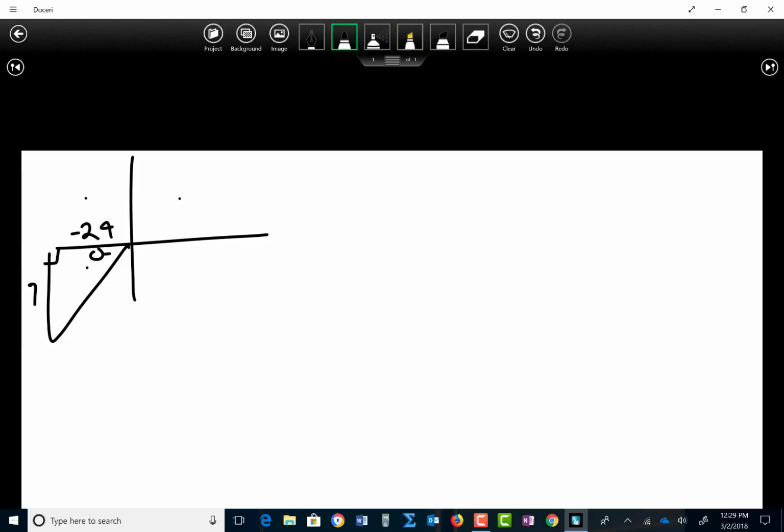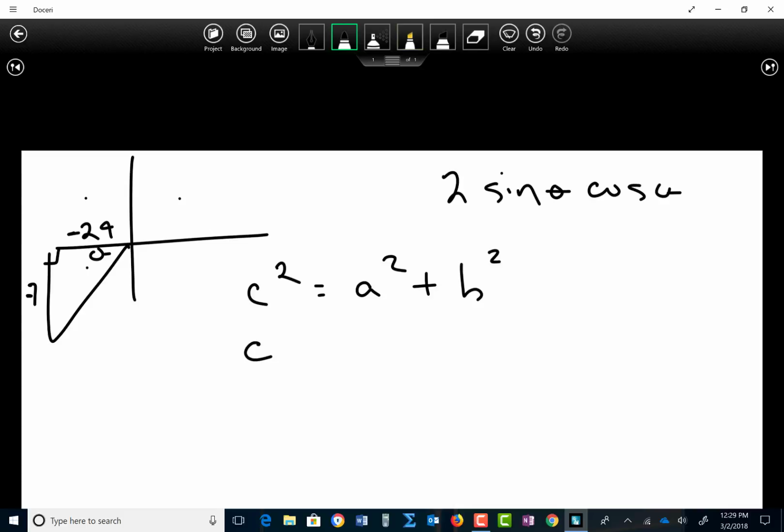Both of those are negatives in that quadrant, so those two numbers are negative. If we're trying to find sine of 2 theta, our formula is 2 times sine of theta times cosine of theta. So we need to know the sine and the cosine, which means that we need to know the hypotenuse, which is always positive. C squared equals negative 7 squared is 49.